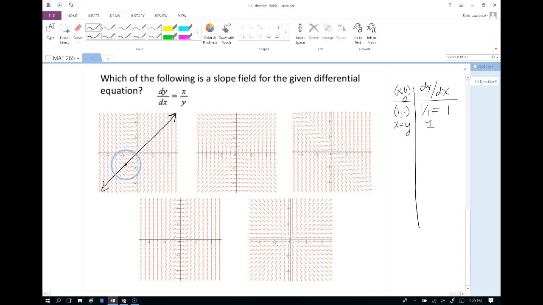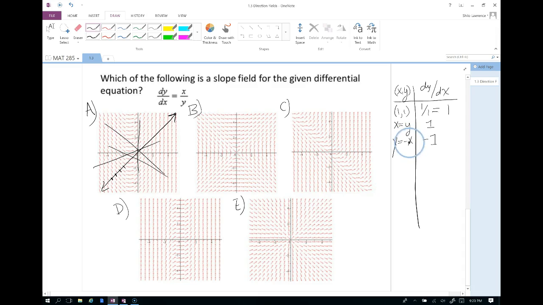So this first one I just drew, there are little arrows crossing that line that do not have a slope of 1. So it definitely can't be this one. So if you look at your other options, and I'm going to label these A, B, C, D, and E. Another thing that we could look at is when y equals negative x, we're going to have a slope of negative 1.